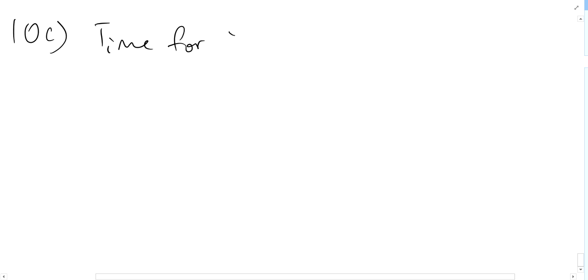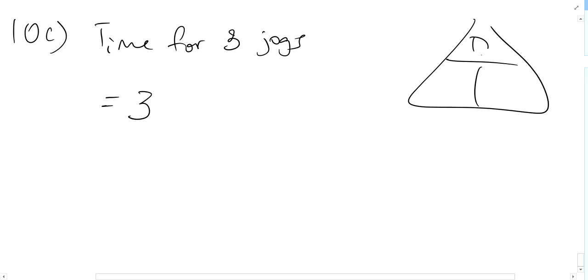First, for part C, time taken. We need to find that. Time for 3 jogs equals 3 times the time for one jogging session, right? So if I want the time, I take the distance divided by speed. What is the distance?